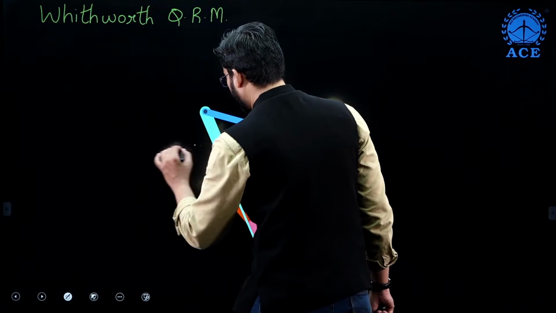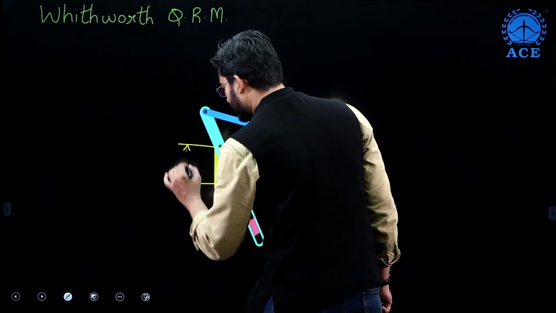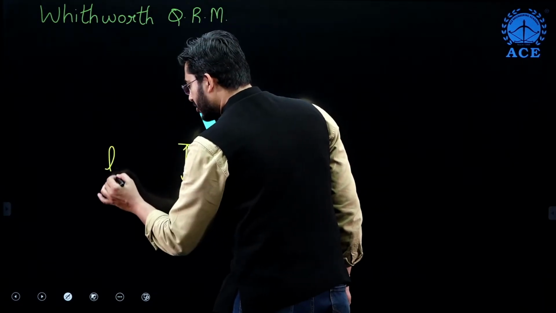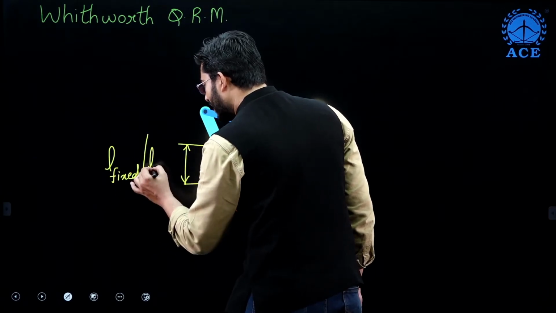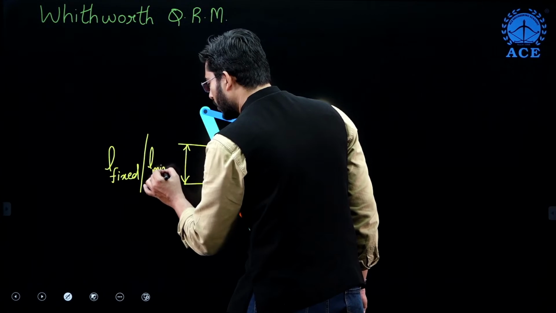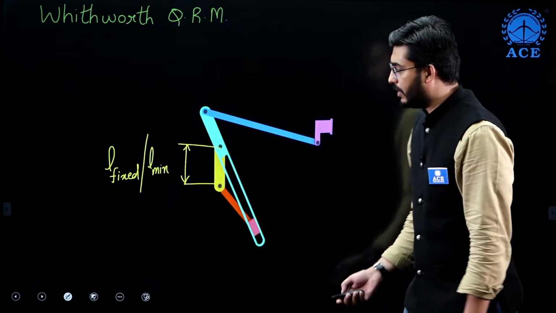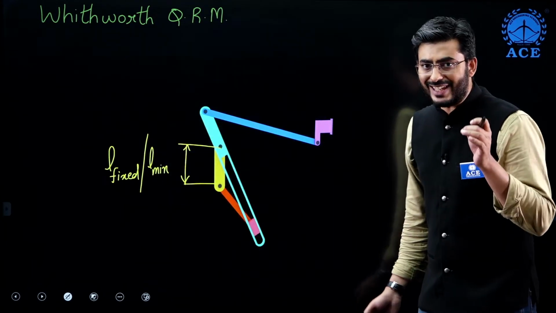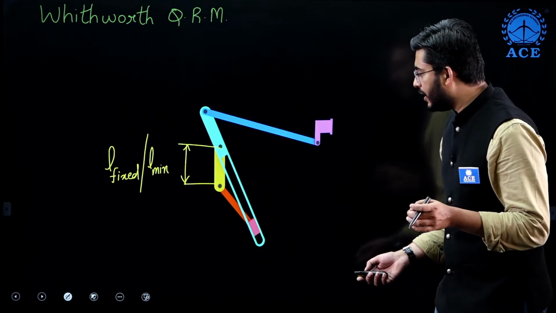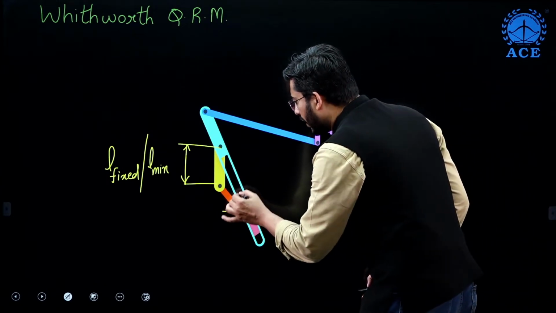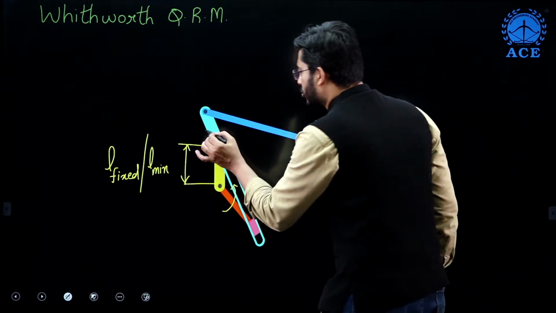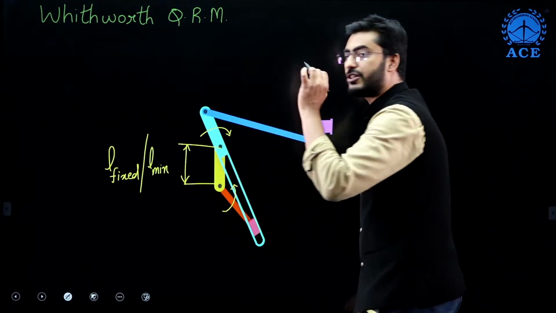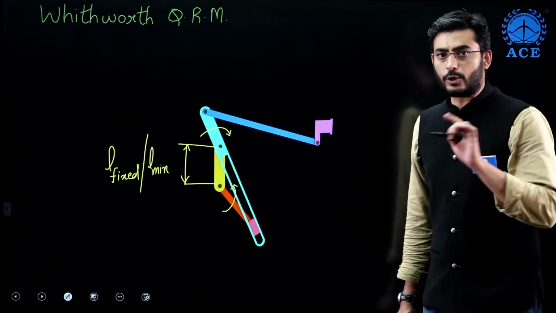The yellow color link which is fixed is L fixed, and this is also L minimum. When you are fixing L minimum, you can see the input link will complete circular motion, and the output link, which is the slotted bar, is also going to complete circular motion.